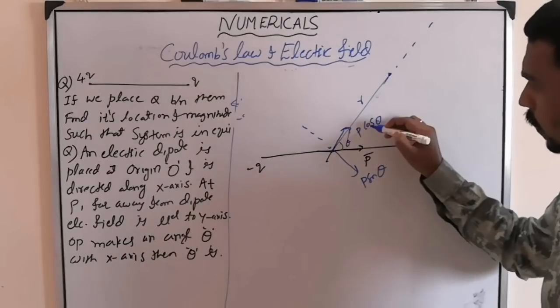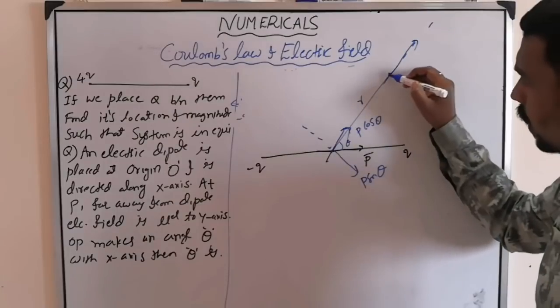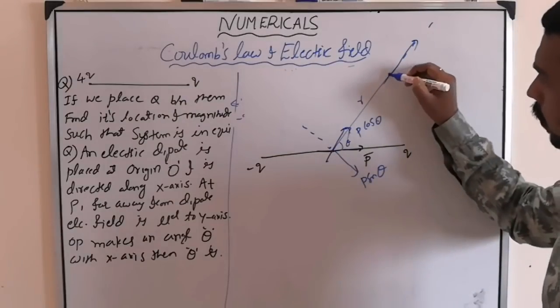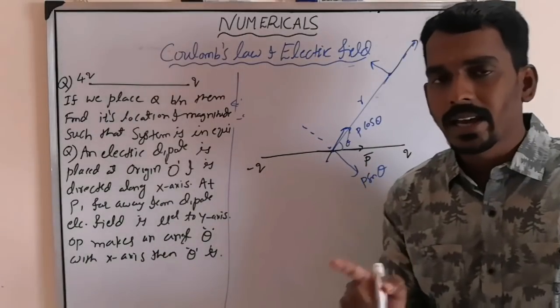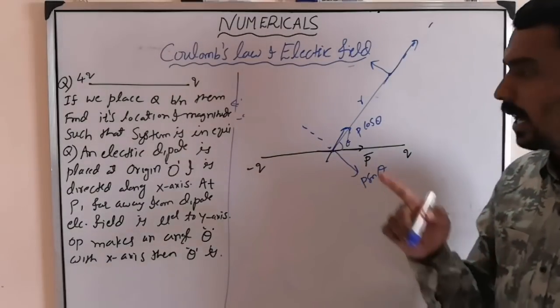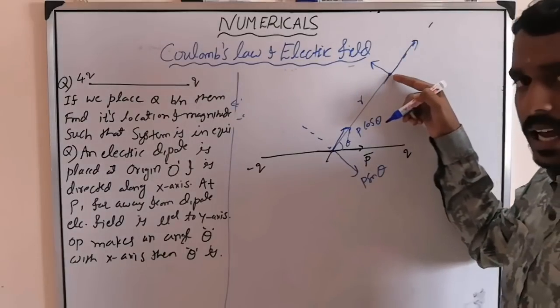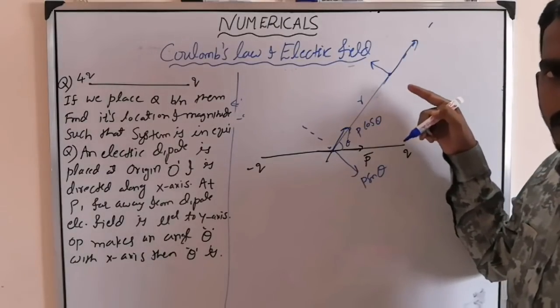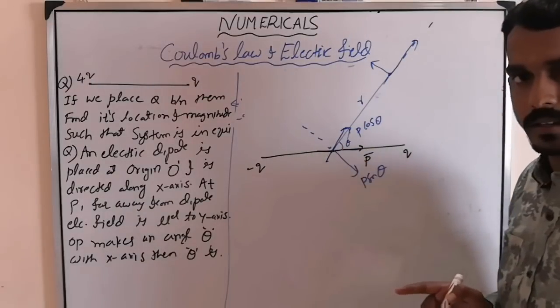So there is one field due to this dipole along the axial direction. There is another field due to the other dipole that is opposite to its dipole, because on the axial line at any point the electric field direction is along the dipole moment, but at any point on the equatorial line the field is opposite to the dipole moment.